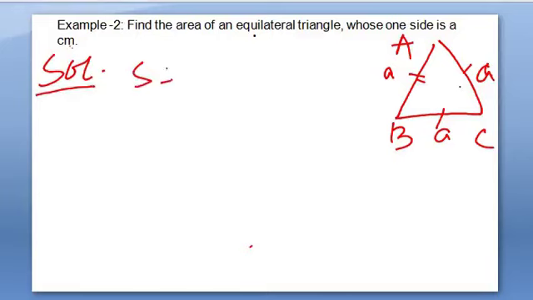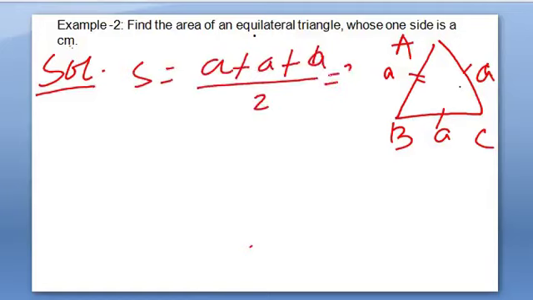S equals a plus a plus a divided by 2 equals 3a by 2. That is S we got. We can get the area of an equilateral triangle.